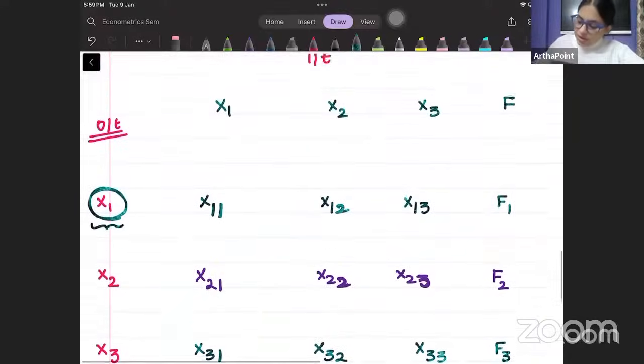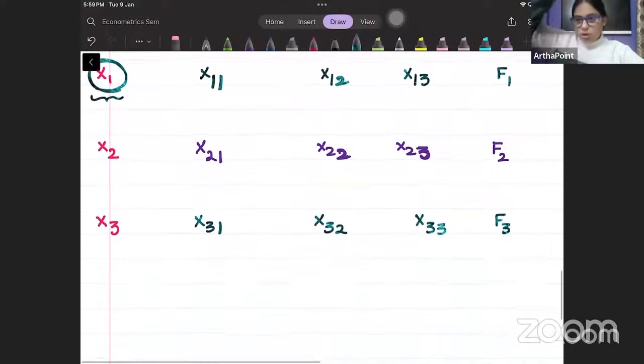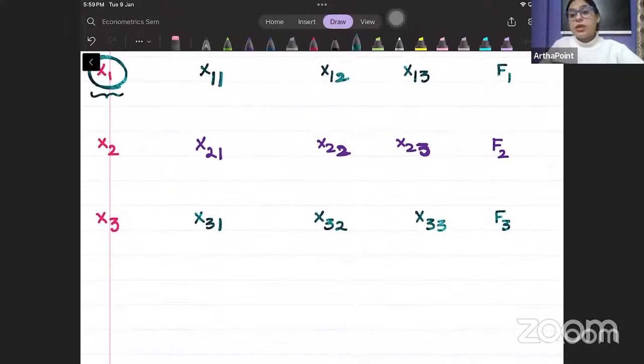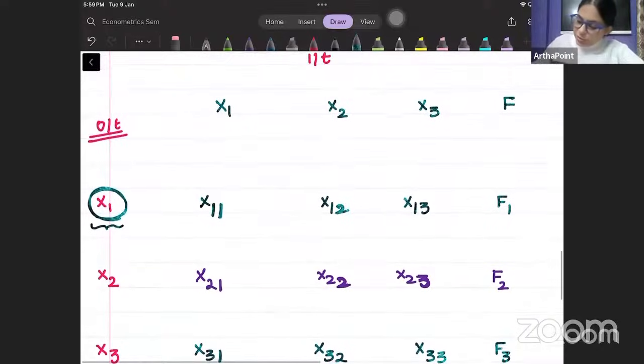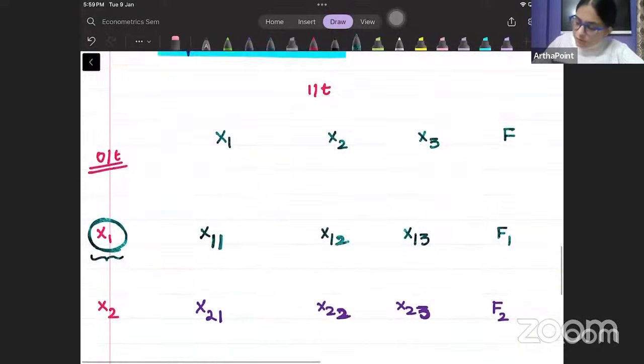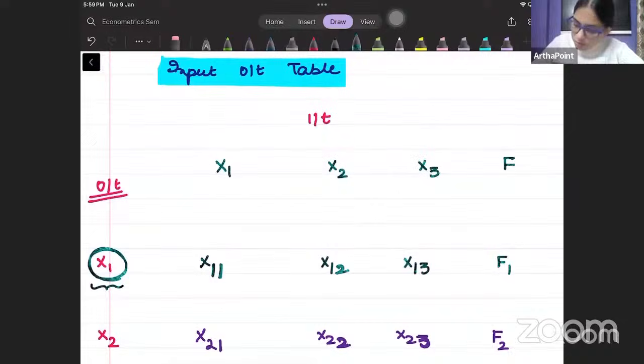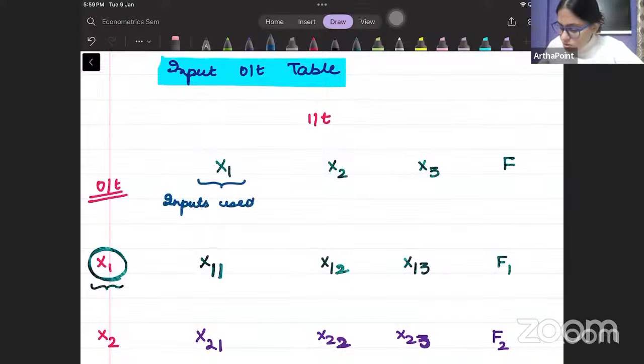But note that the column is representing the inputs. माने when I talk about the first column, इस column को जब हम देखते हैं, ये column represent करता है inputs used by industry 1. ये क्या column represent कर रहा है बेटा?